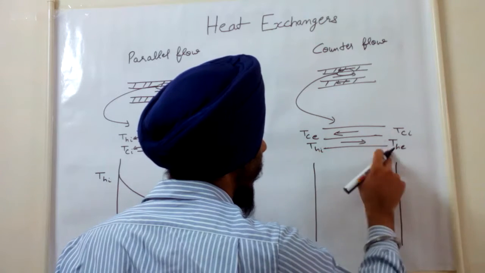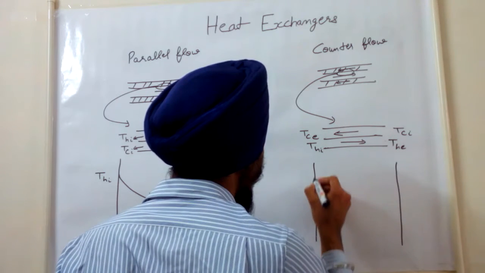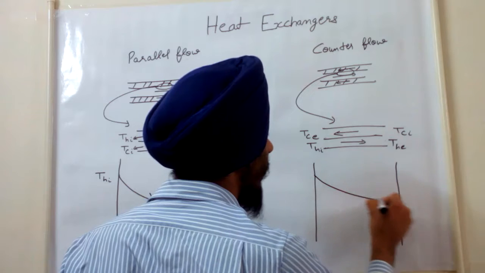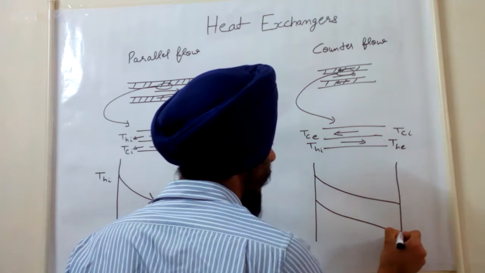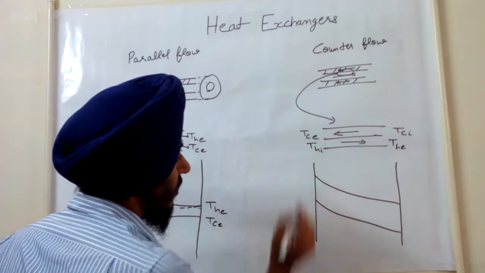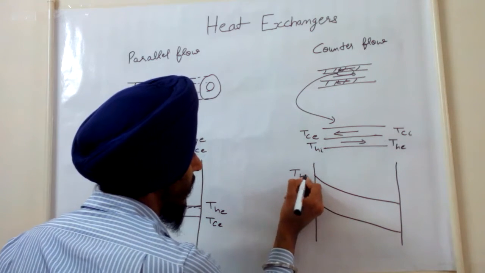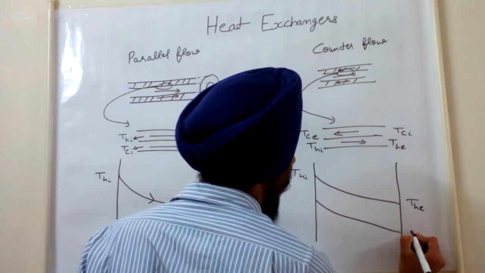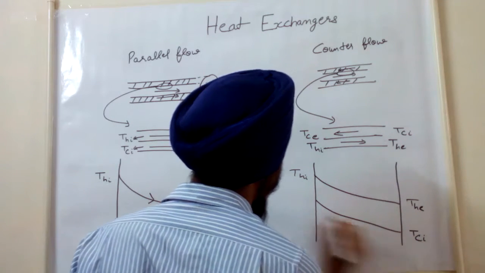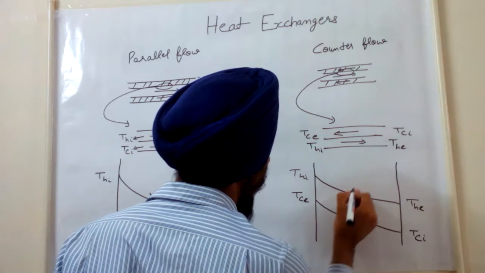We see T_HI, T_HE. These are in the opposite direction. The temperature profiles here also will be parabolic. This is T_HI, T_HE, T_CI, T_CE.